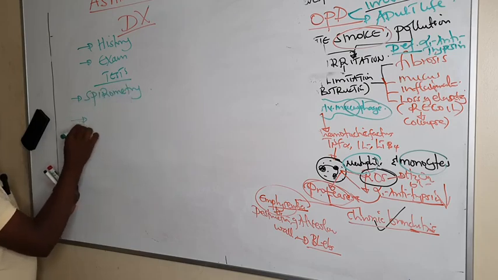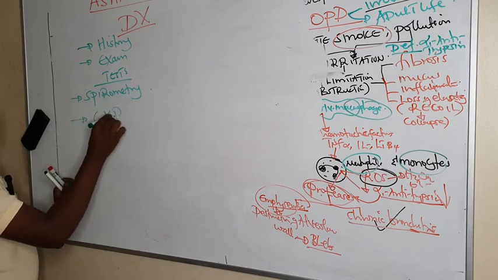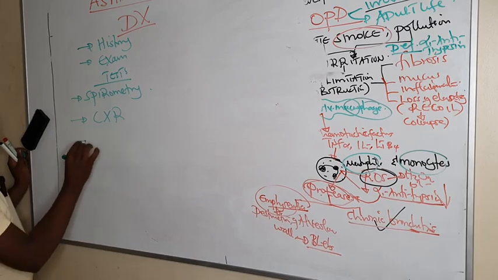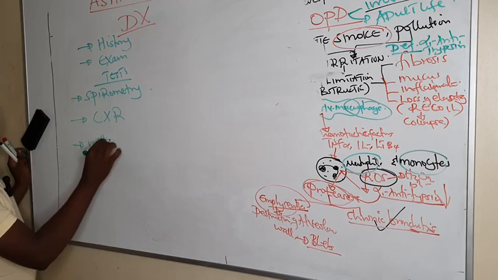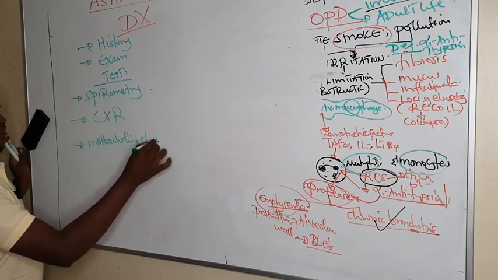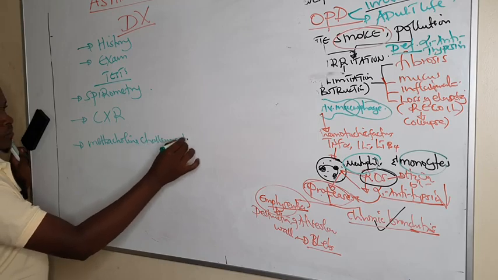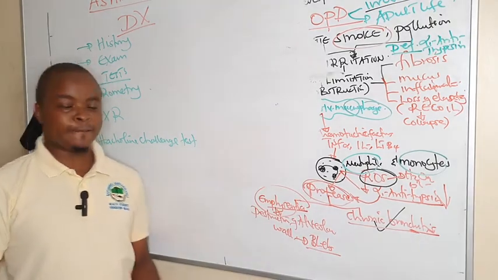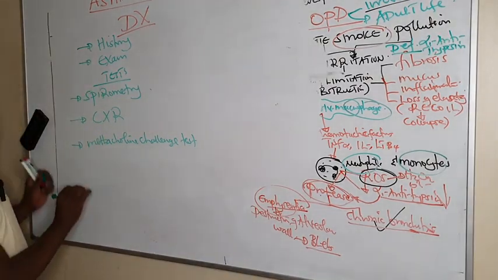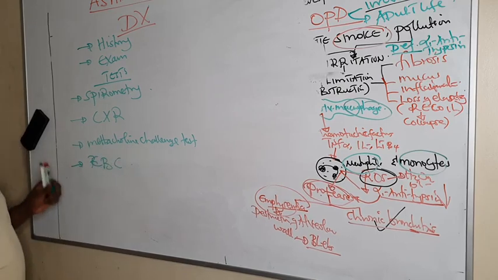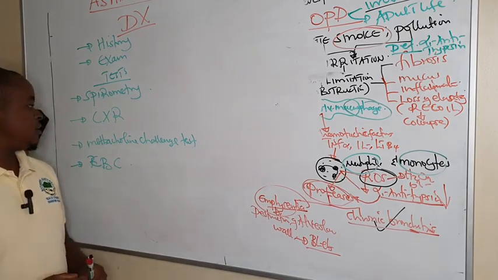We can do a chest x-ray. We can also perform a methacholine challenge test, which we call a bronchoprovocation test. And we can also perform a CBC on blood.